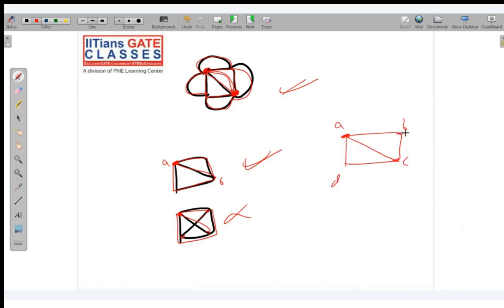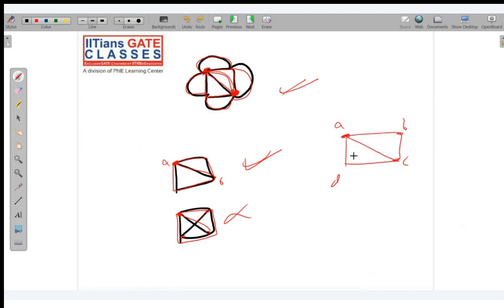So for example, you start from B. Let me say B to A to D to C to A. This edge is not yet covered. Are you getting it? Another way, B to C, C to D, D to A to B. Then how will this edge be covered? No way out.